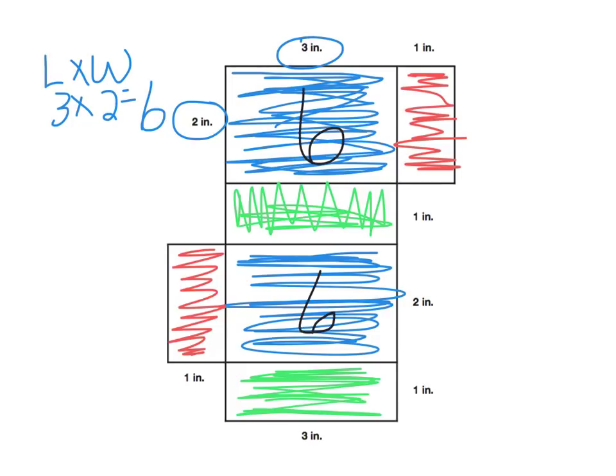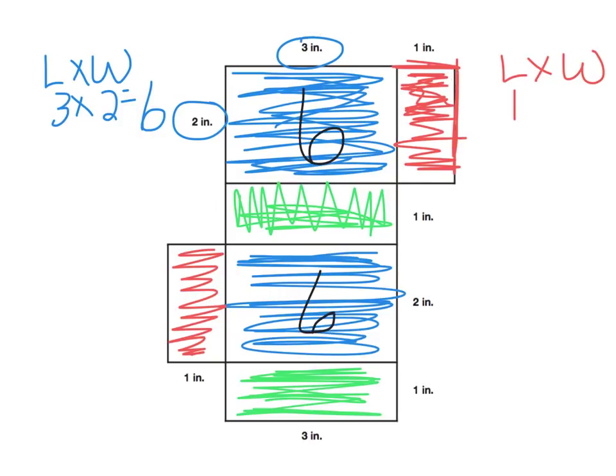Well, then I'm going to go to my red ones. For my red ones, this one has a measure here, a length of 1, but I'm not quite sure what this is, so I'm going to turn my head all the way. I'm going to travel all the way here, because the length from here to here is going to be the same as the length from here to here.